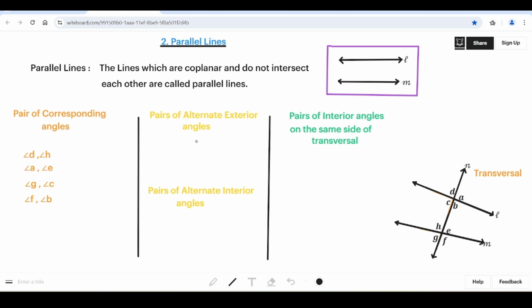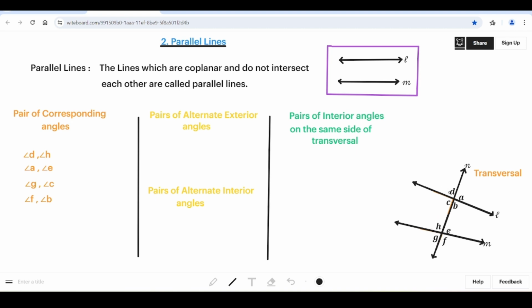Pair of alternate exterior angles. Exterior angles are the angles outside of the intersecting lines, like angles A, D, F and G. These are the exterior angles, and the interior angles are C, B, E, H. Now our pair of angles is alternate exterior angles.